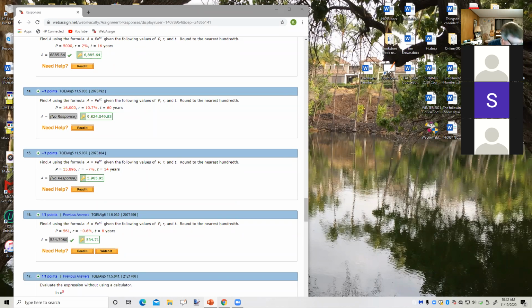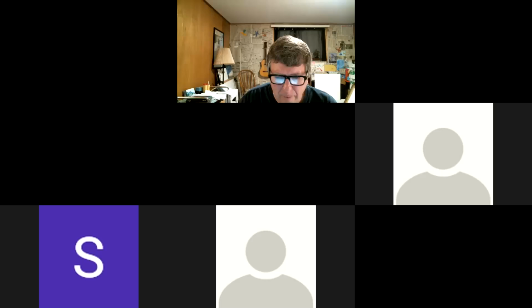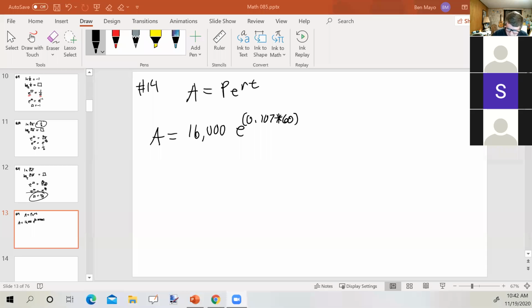I don't know if this is the same numbers as before or not. I know it's the same interest rate, but raised to the 0.107 times 60 power. So your equation is going to look like this.